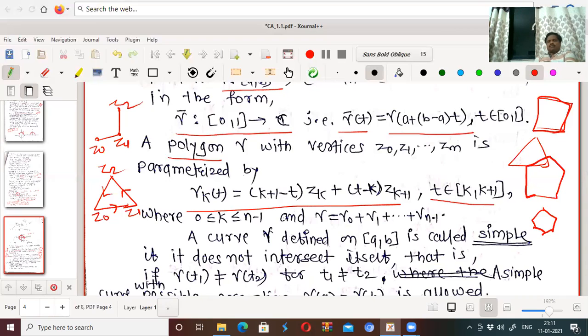So for t belongs to k to k plus 1, gamma k of t is equal to (k plus 1 minus t) into zk plus (t minus k) into z(k plus 1), nothing else.